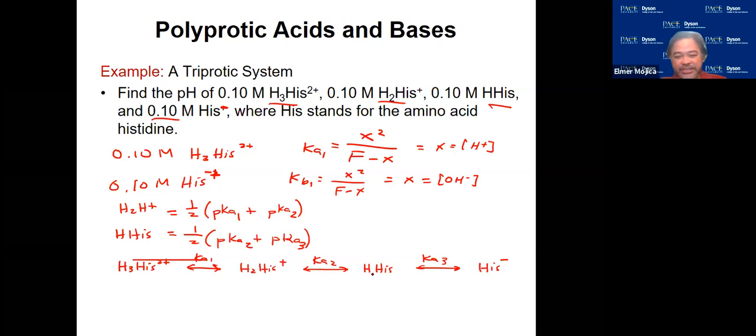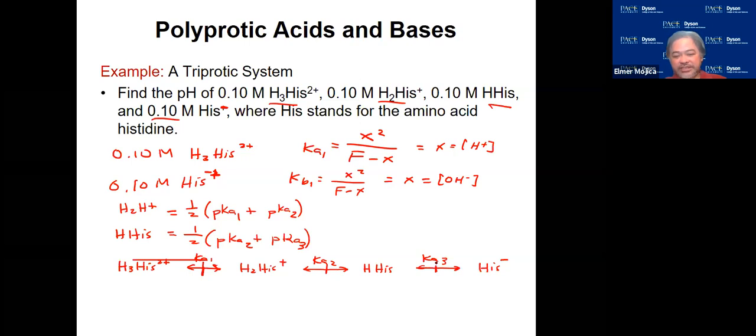For the pH of histidine, that is just in between Ka2 and Ka3. So when you are at Ka1, that's the half point between the species in between them. If you are at Ka2, that's the half point between this and this one. And if you are at Ka3, that's the half point between this and this one.